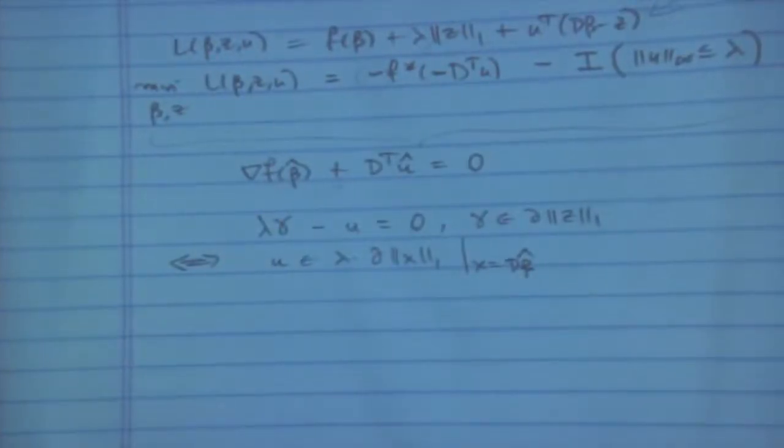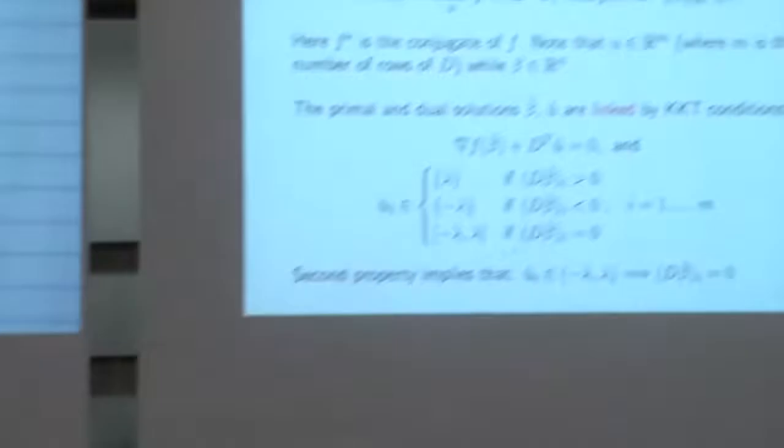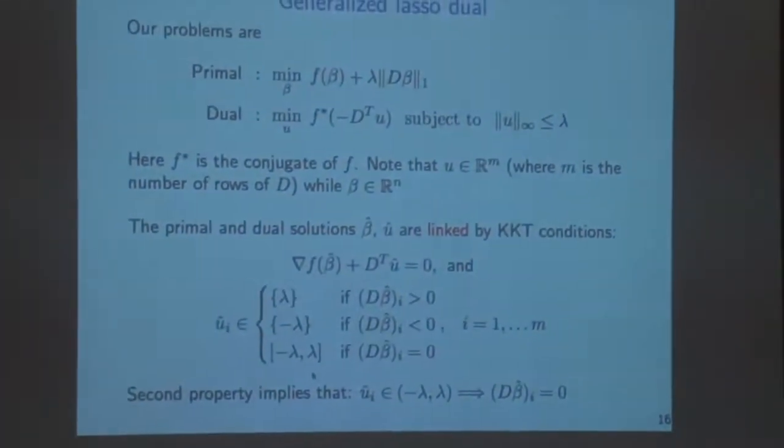So that tells me that if I ever had a primal solution and I looked at its signs, when I multiply it by D beta hat, it has to match essentially the signs of u, where it's non-zero. So u is going to be equal to minus lambda and lambda, the maximum values that it can be, at the points at which D beta hat is either positive or negative, respectively. And if D beta hat in that component is 0, then u can float around anywhere in between minus lambda and lambda.